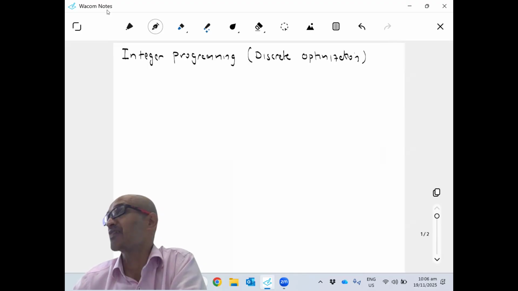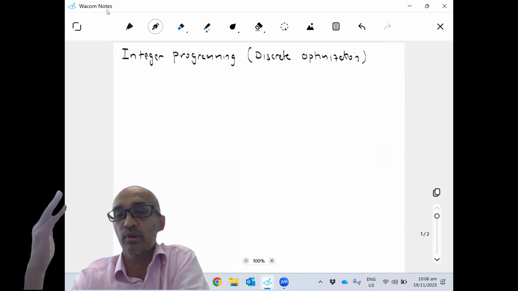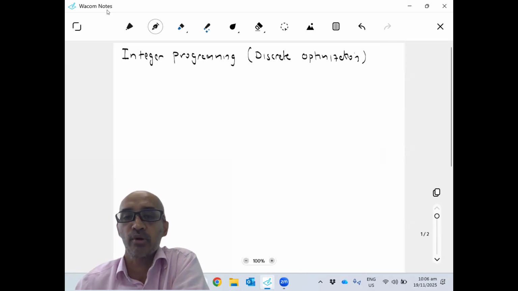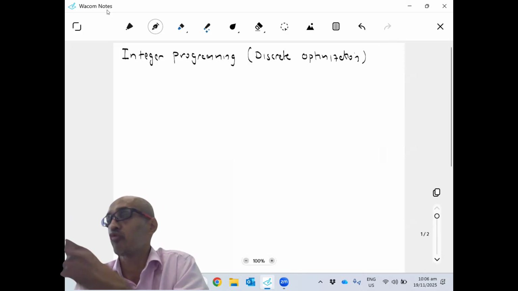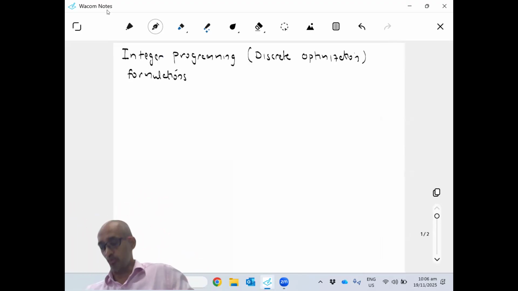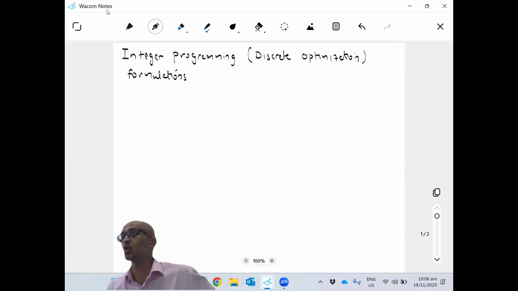The word programming is not as popular these days for LPs and IPs simply because programming is more associated with computers. But integer programming or discrete optimization, our goal for this week will mainly be to focus on formulations. Formulating IPs itself is an interesting tool. It's an interesting art. There are ideas which are non-trivial.